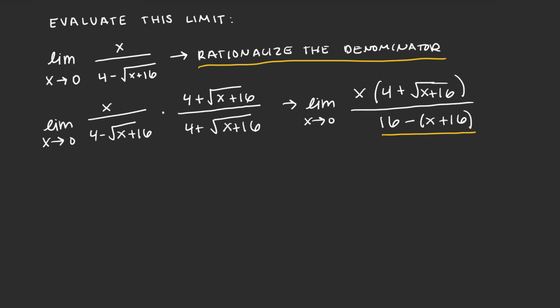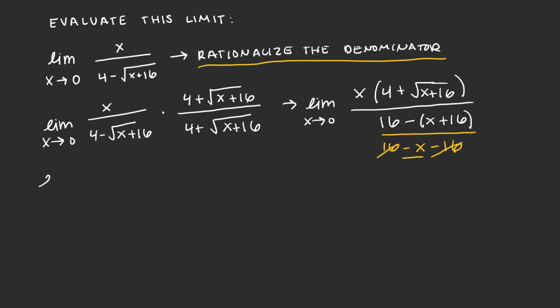So 16 minus x minus 16, and the negative 16 will get rid of this positive 16, so we'll be left only with a negative x.